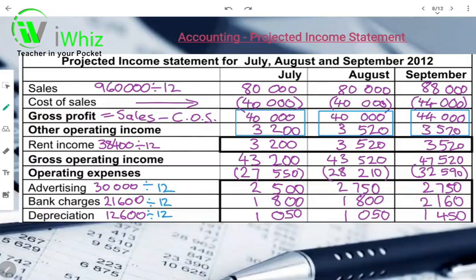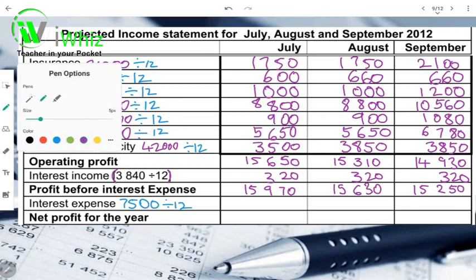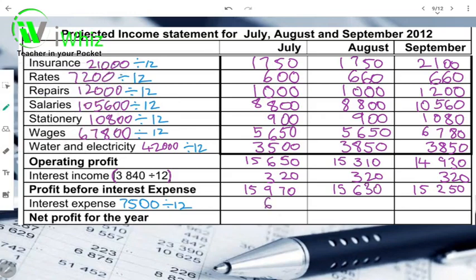So you're going to take 7,500 divided by 12. That, wizards, will give you an amount of 625 rands. Now remember, seeing as this is an expense, it's money going out, we'll subtract it, so you have to have brackets around it.